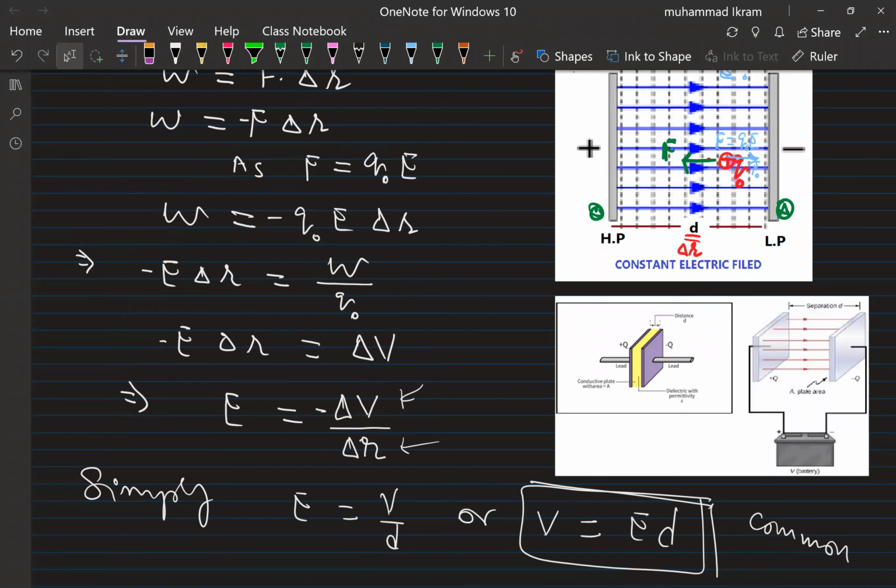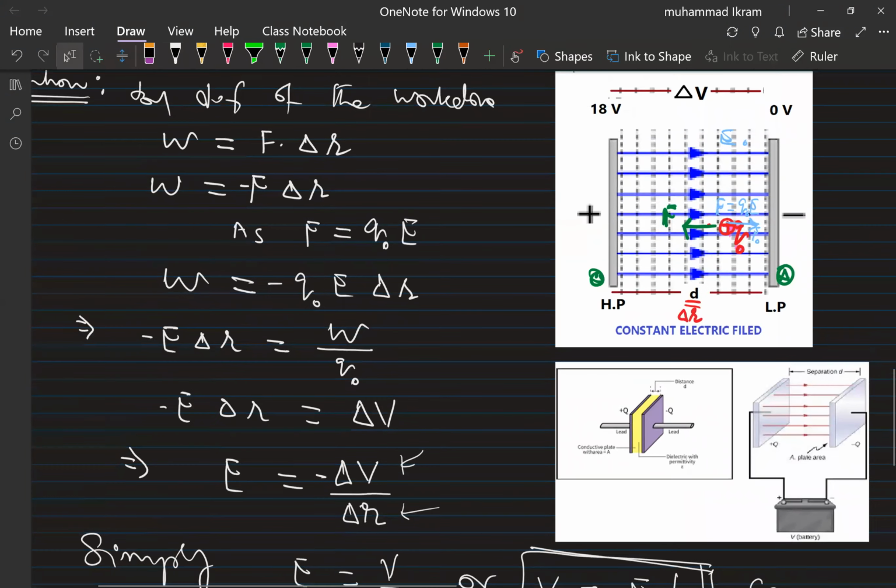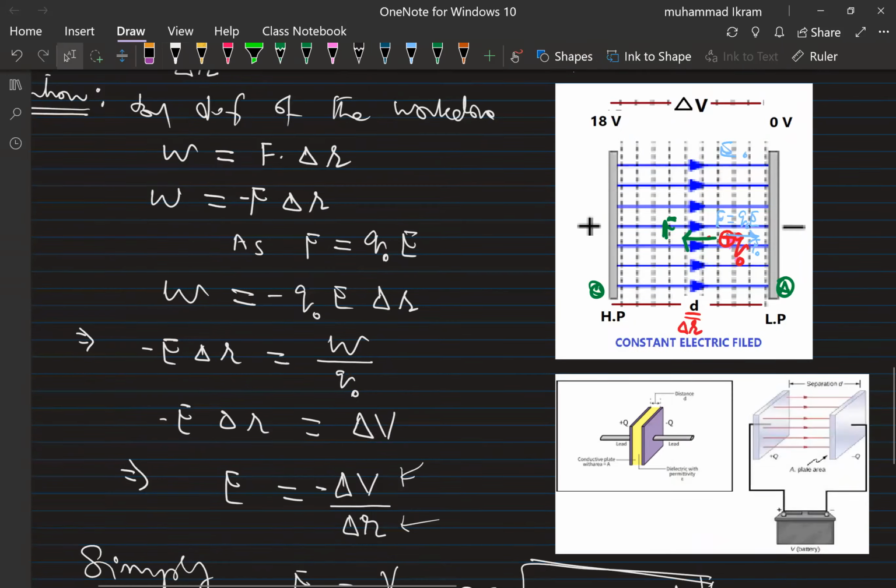As I told you already, the electric field intensity is the same everywhere. Now why? Look at these two equations, which are very important.